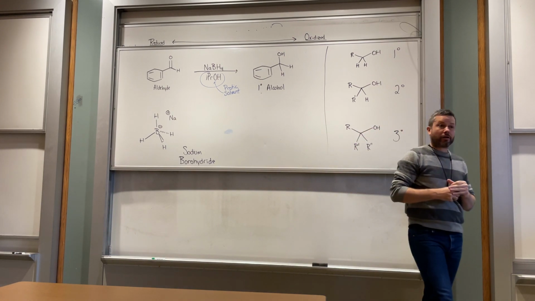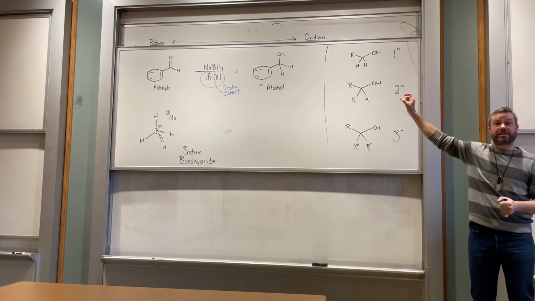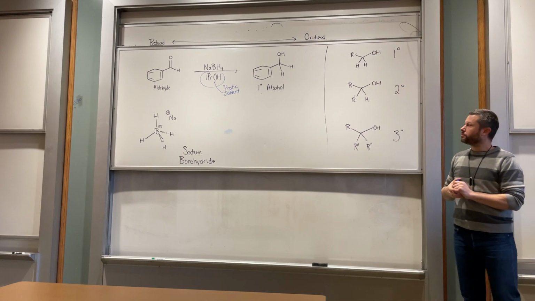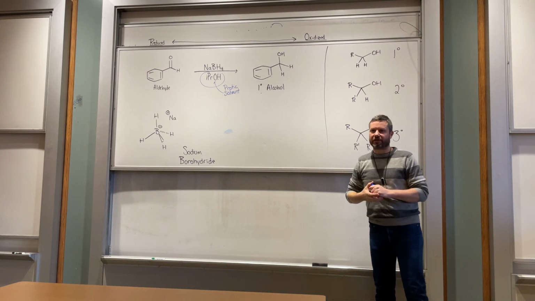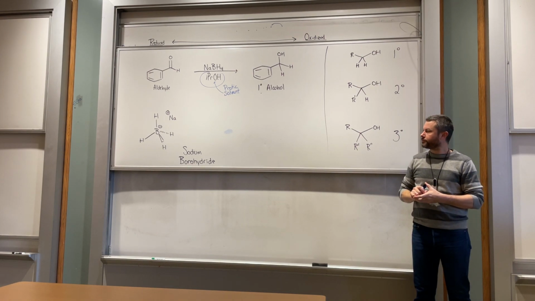Isopropyl alcohol is not the only solvent that we can use for this reaction. Alcohol solvents are typical, but we don't have to use isopropanol. Isopropanol is just kind of a convenient solvent because it has a nice organic backbone on it.